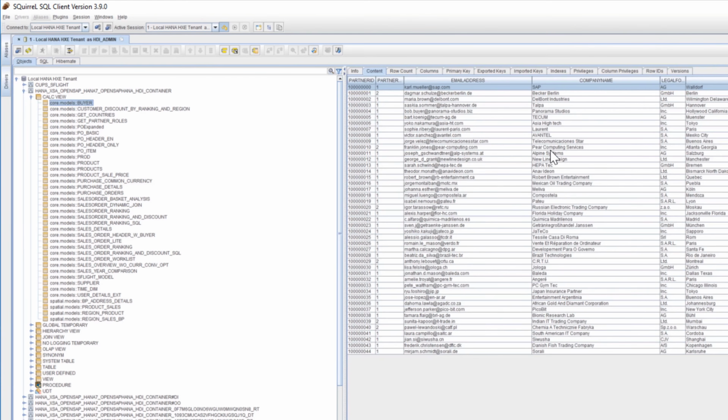I can come here and I can run these calculation views. Here is the select against a particular calculation view that's bringing back some buyer information. And as I said, this is a tool not designed for HANA, doesn't know anything about HANA. It's just using standard JDBC and sending standard SQL queries into the database. It works. It works with HANA out of the box.